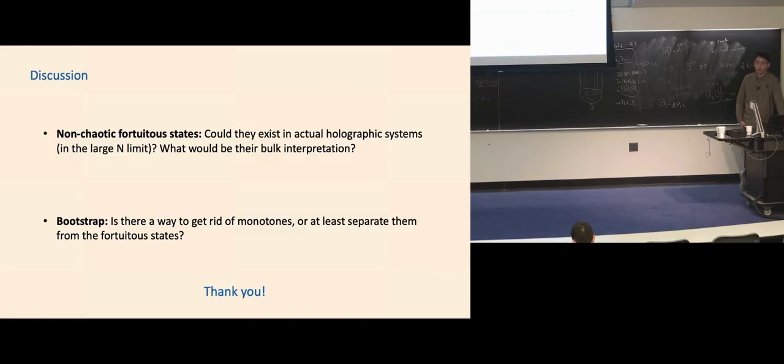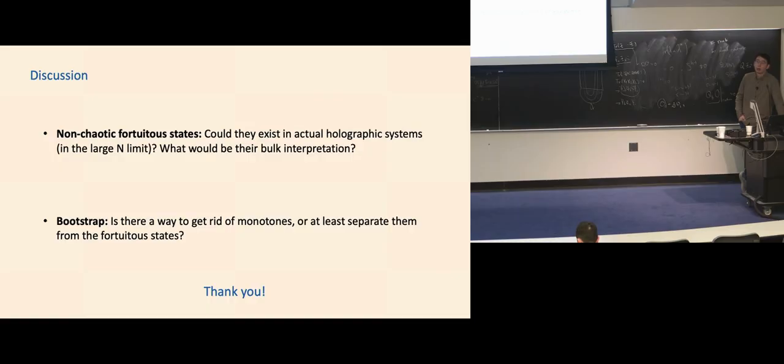Yeah, I agree, but here what I mean is, could there be states that are fortuitous, meaning that they are not formed by a product of multi-gravitons, but nonetheless non-chaotic, so we don't expect them to be black holes. Whether there could exist such states. But that small n looks like an example where it's using some massive string states, which are not multi-graviton type, and they're not a black hole type.